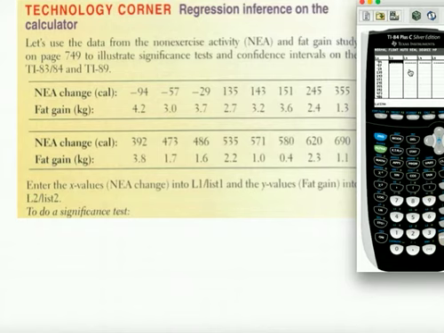And then for L2, that would be the fat gain, which would be your Y's.